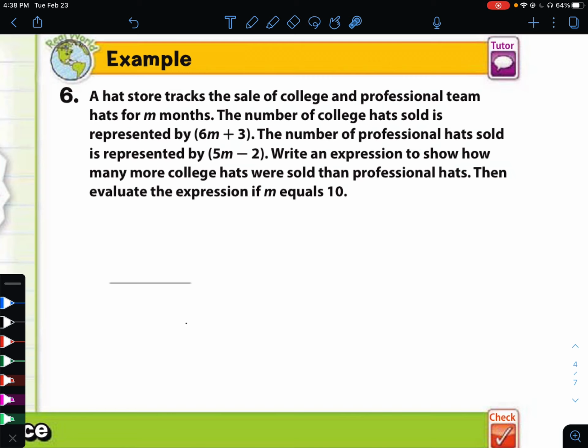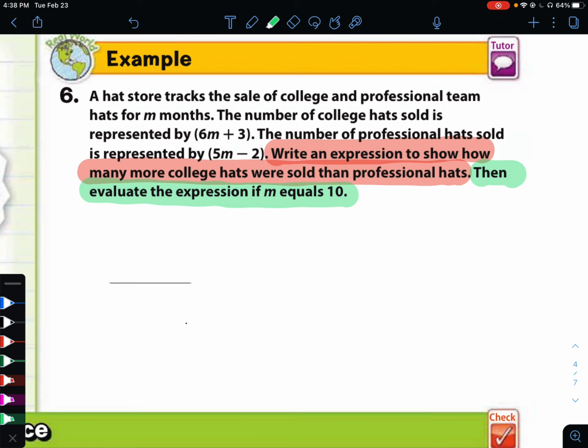So two things we need to do here. First, we need to write an expression to show how many more college hats were sold than professional hats. This is clearly a subtraction problem. And from the next instruction, we need to evaluate the expression if m equals 10. So after we find the difference of those two expressions, we will substitute m with 10.